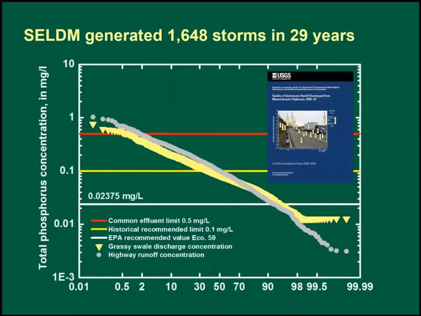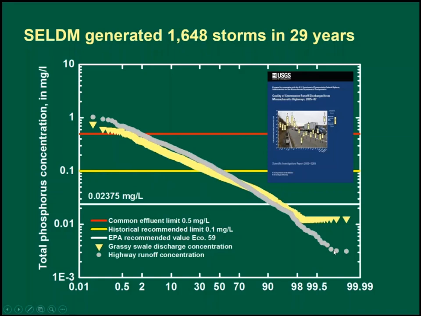So we used the local hydrology to generate 1,648 storms over a 29-year period. This graph shows the total phosphorus concentrations. We use some local MassHighway data to calculate statistics. So from that, these gray dots are the highway runoff values.